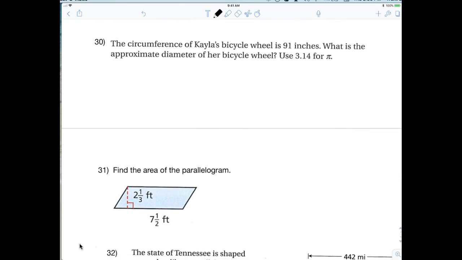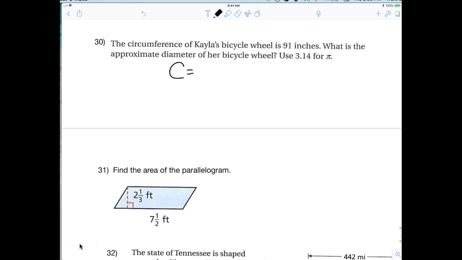Bradley, read number 30. So, do you remember the formula for circumference? Who remembers the formula for circumference?